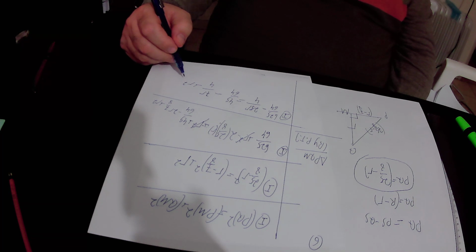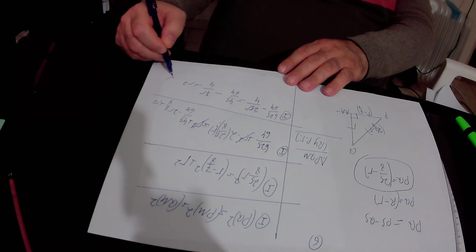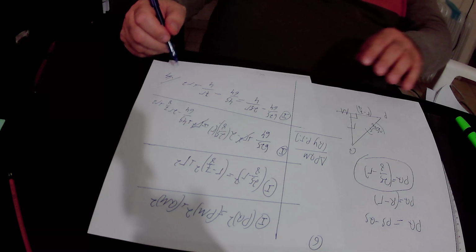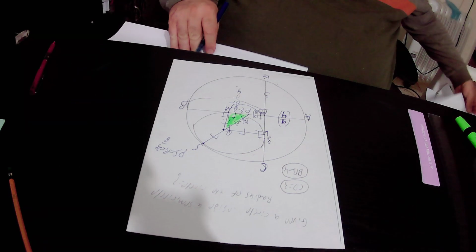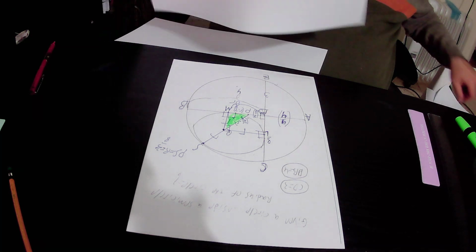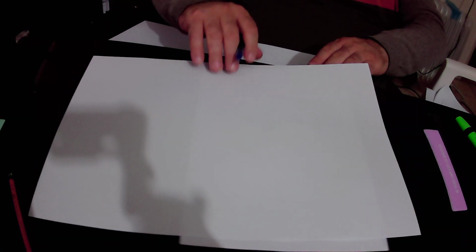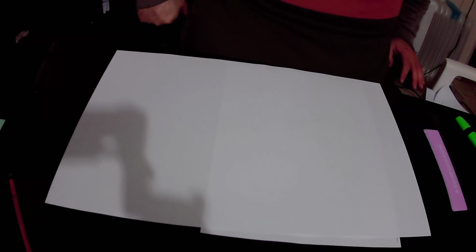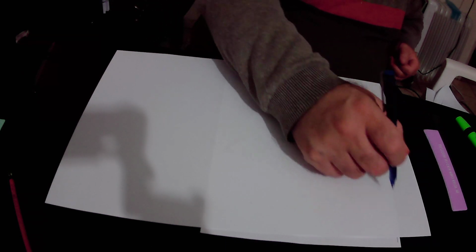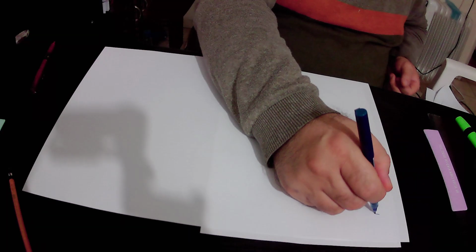Here we will multiply equation number 1 by 64, and we'll get that according to equation number 1, 625 over 64 times 64 is 1, so we are left only with 625.